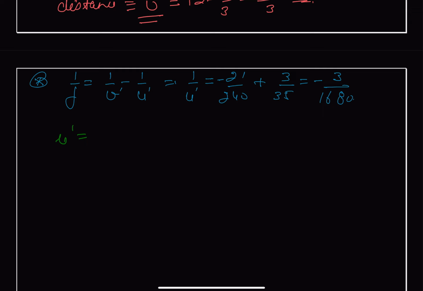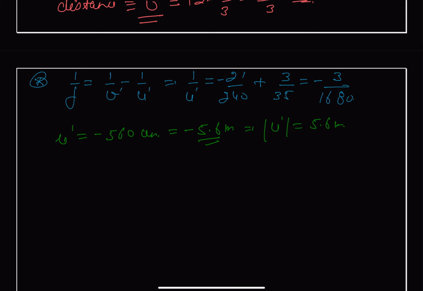We can easily cancel this out and it will be coming close to 560 centimeter. So we can say U prime is equal to minus 560 centimeters, and we can write this as minus 5.6 meters, and here we are interested in magnitude only. So we can say our U prime magnitude will be equal to 5.6 meters.